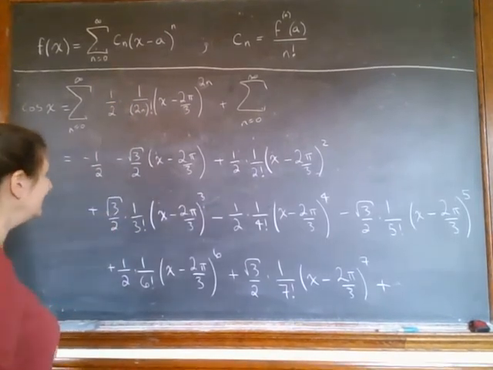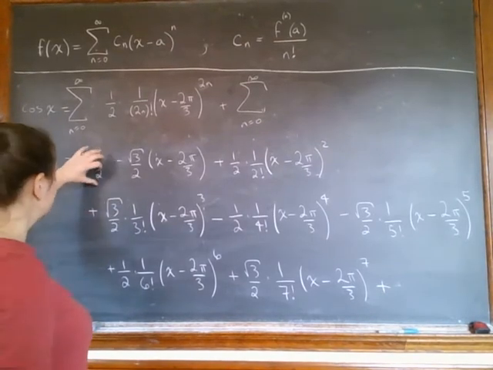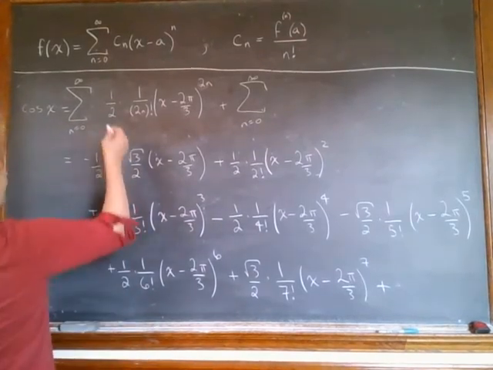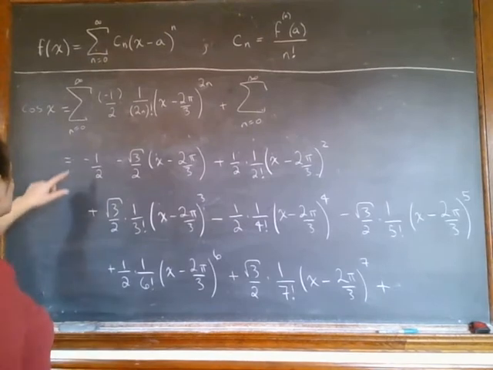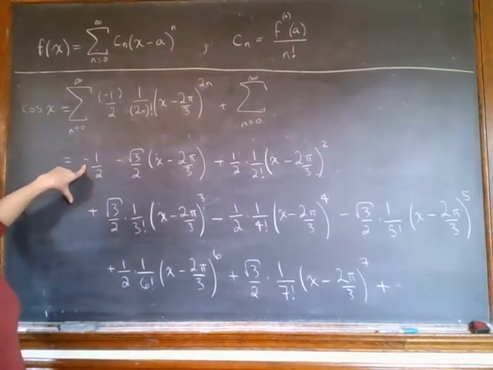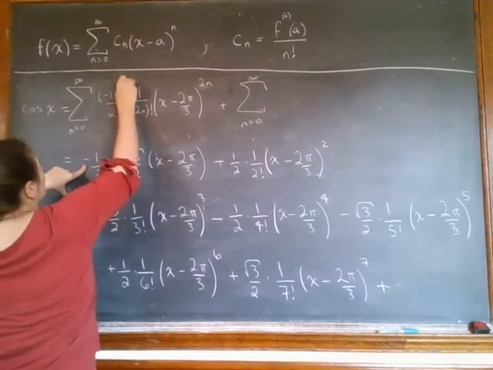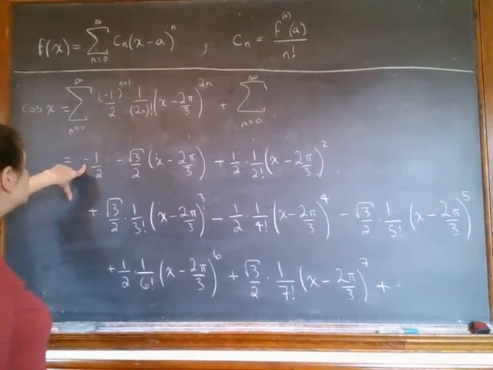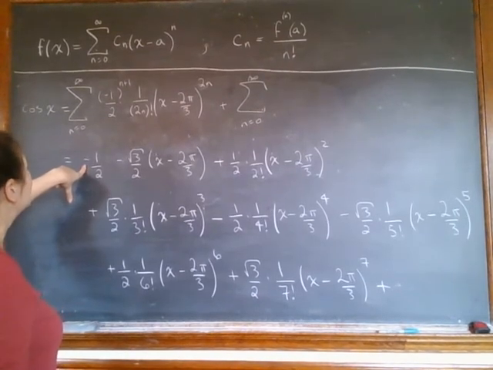And then I know that they change in sign. So if I look at it, I've got negative 1/2, positive 1/2, negative 1/2, positive 1/2. So I have a minus 1, and I start from n equals 0, but I want to start with a negative because when I calculated it, the first term was negative. So I probably want to put n plus 1 up here, right? Because when I put in n equals 0, I should get a negative 1.